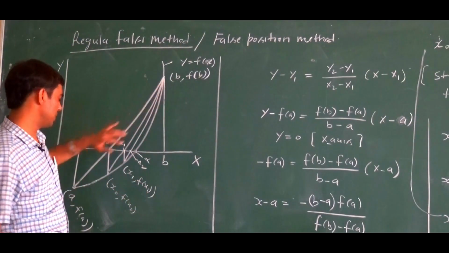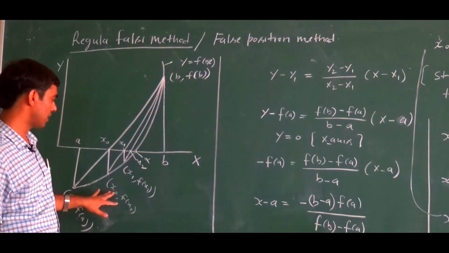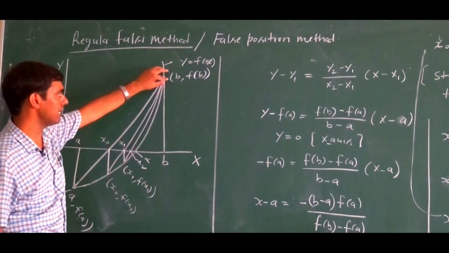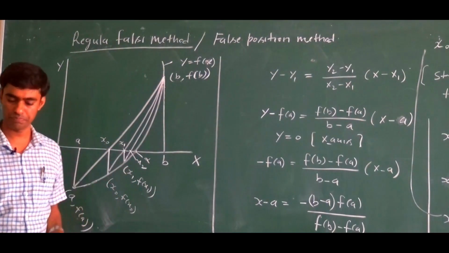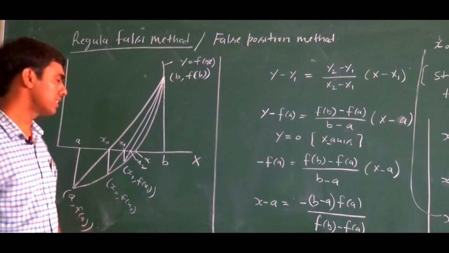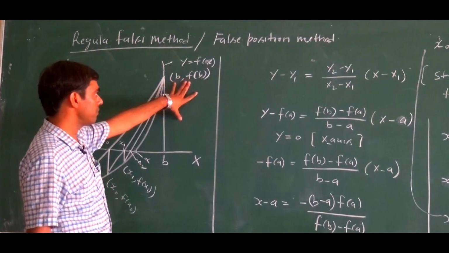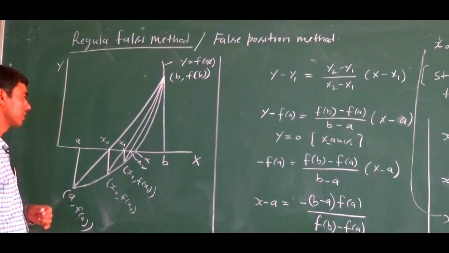The root lies between A, f of A and B, f of B, and then between x0, f of x0 and B, f of B. So this end is fixed and only this end varies. It is not necessary that the positive end is fixed and the negative end varies.